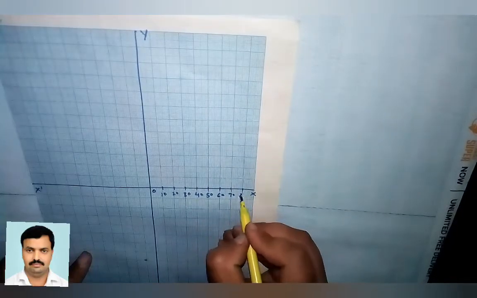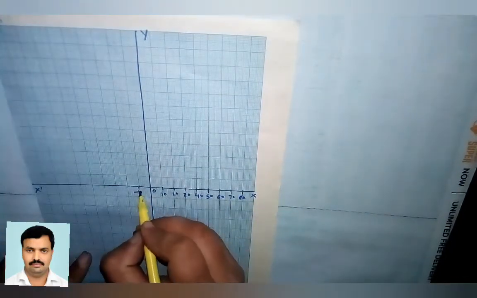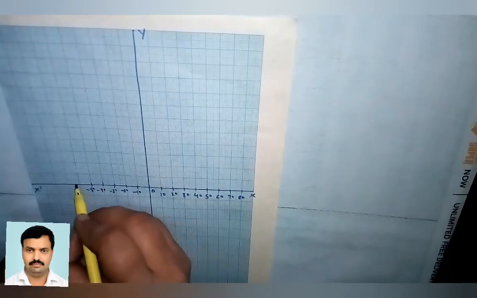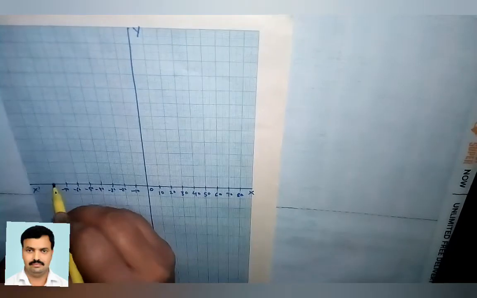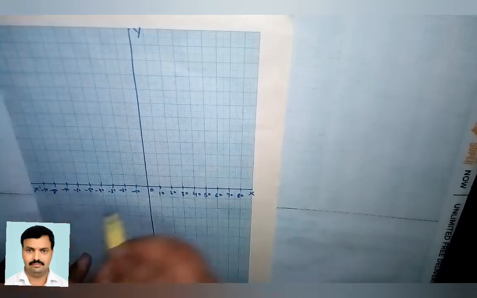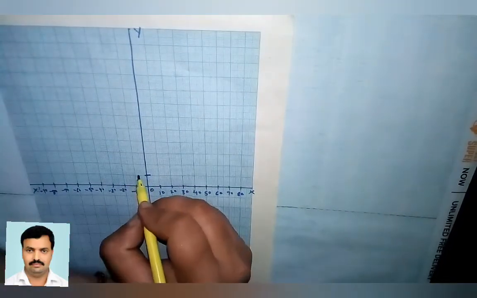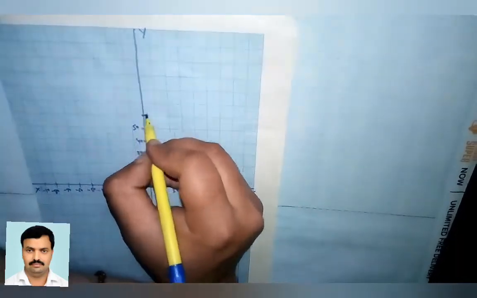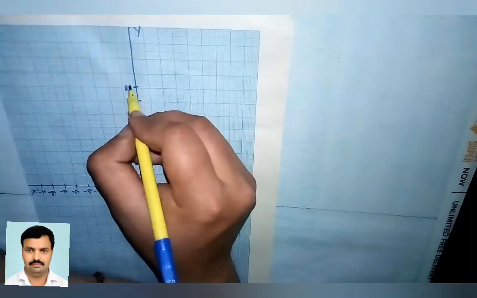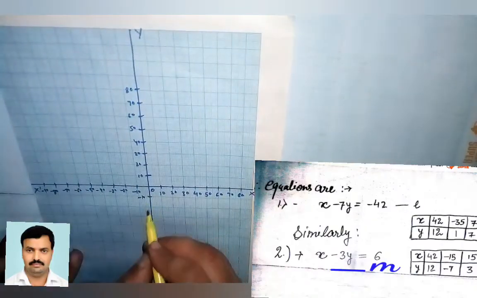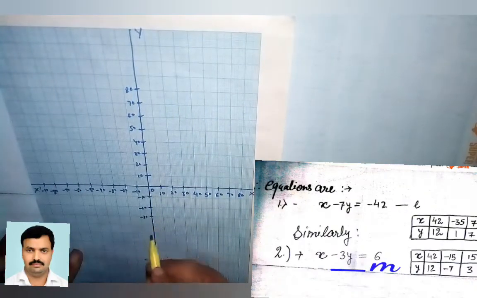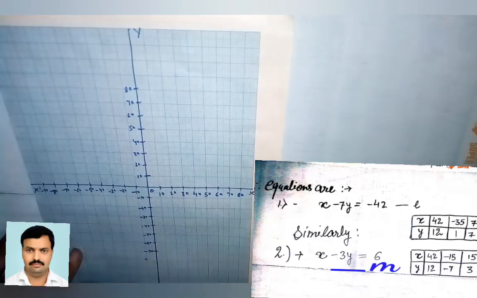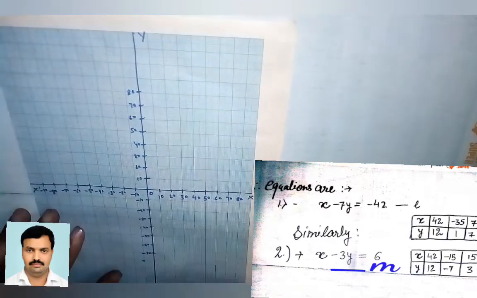On the x-axis, right side there will be positive values 0, 10, 20, 30, 40, and in the left side there will be negative values. On the y-axis, upwards there will be positive values. Again I am taking the same scale, that is 10, 20, and downwards it will be negative values, so minus 10, minus 20.